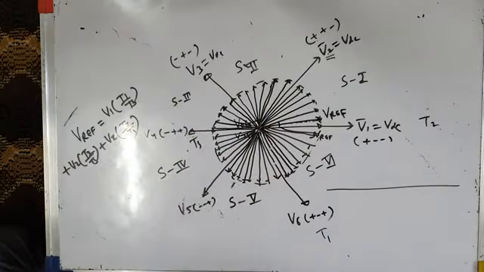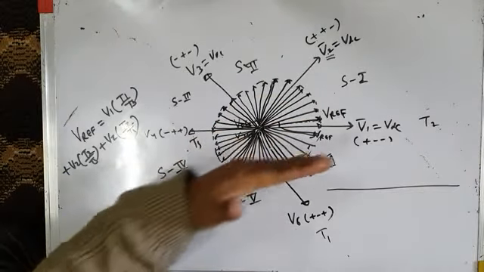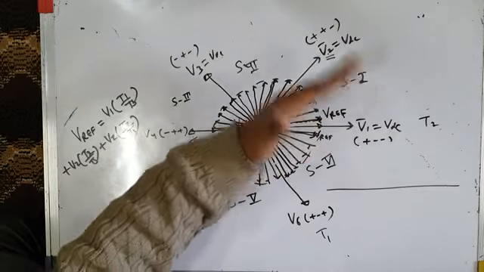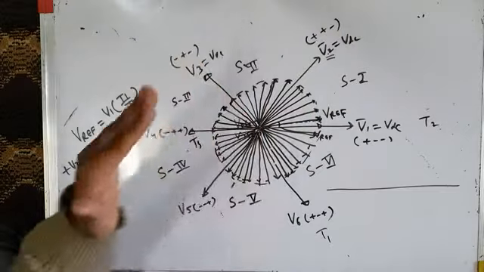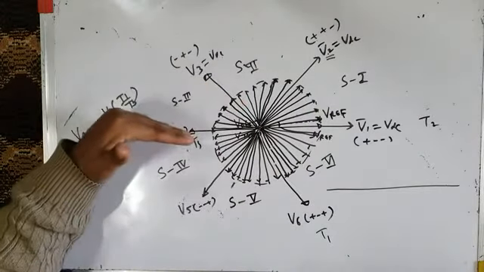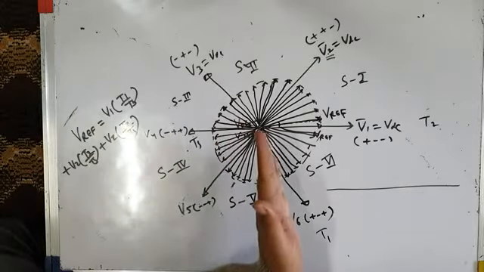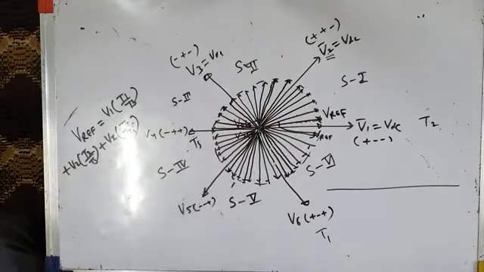This is how a revolving or rotating reference vector is produced, and in each sector it is produced by time averaging of the corresponding voltage space vectors: V1 and V2 in sector 1, V2 and V3 in sector 2, V3 and V4 in sector 3, V4 and V5 in sector 4, V5 and V6 in sector 5, and V6 and V1 in sector 6. It creates a rotating reference vector.